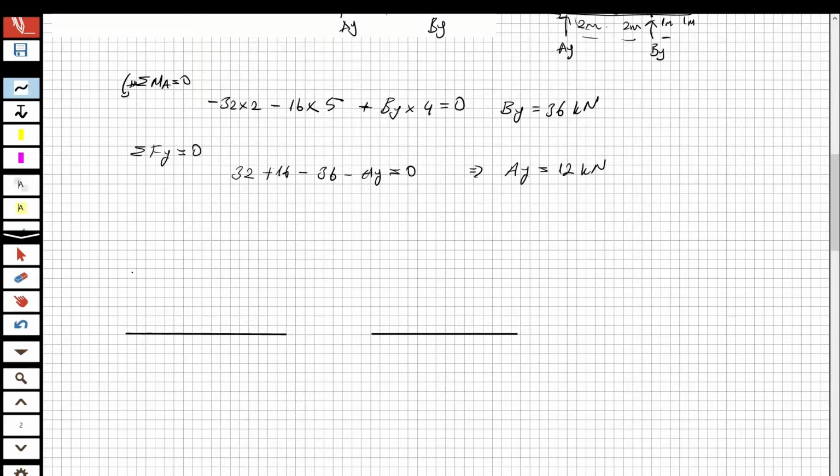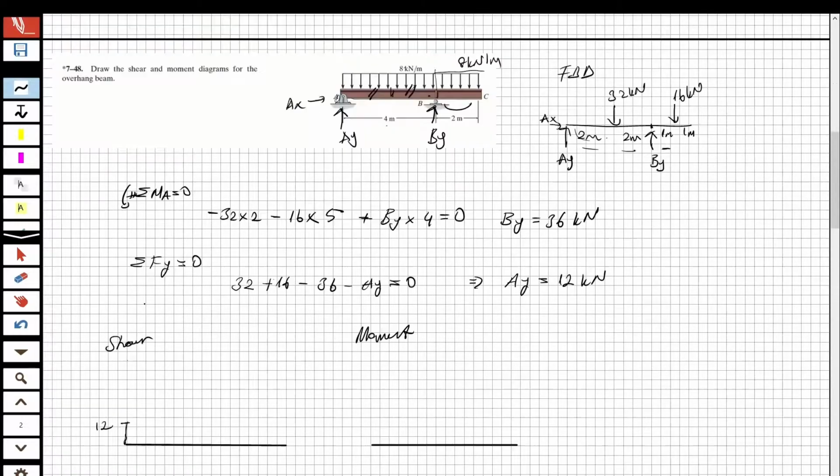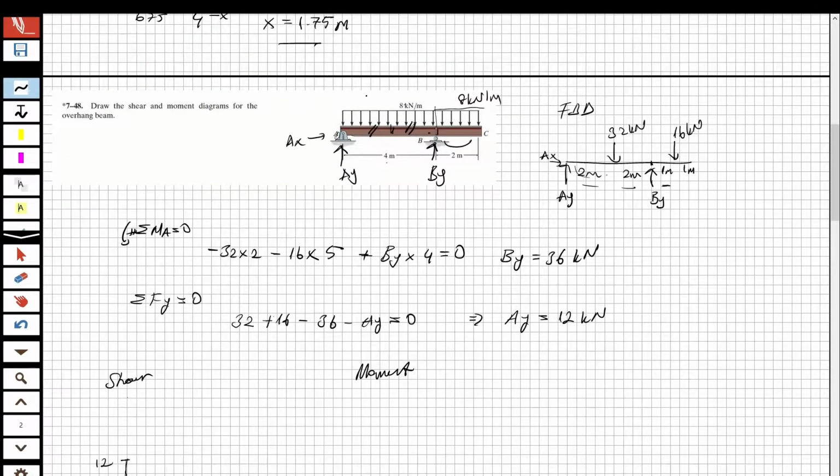For example, this is going to be the shear diagram, and this is going to be the moment diagram. For the shear diagram, I have a 12 at A. Look at here, I have a 12. And I have the distributed load. I told you at the previous question, if it is a distributed load, it's going to decrease as triangular.